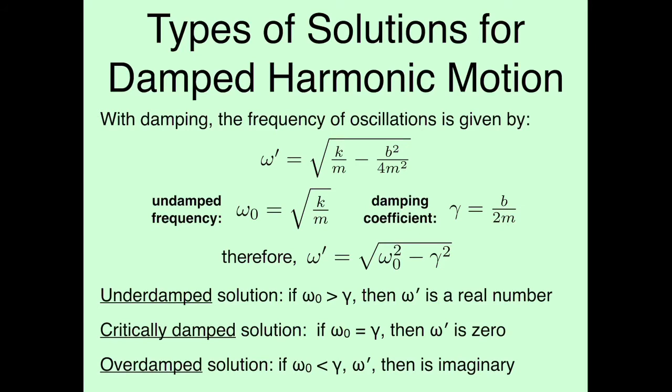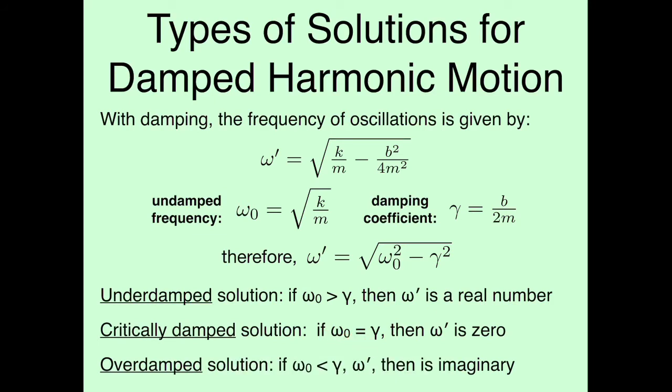If you've got a positive number under the square root, then omega prime is just a real number. On the other hand, if omega naught is equal to gamma, then when we subtract these two, we get 0. And what we call this is the critically damped solution. That's when omega naught is exactly equal to gamma.